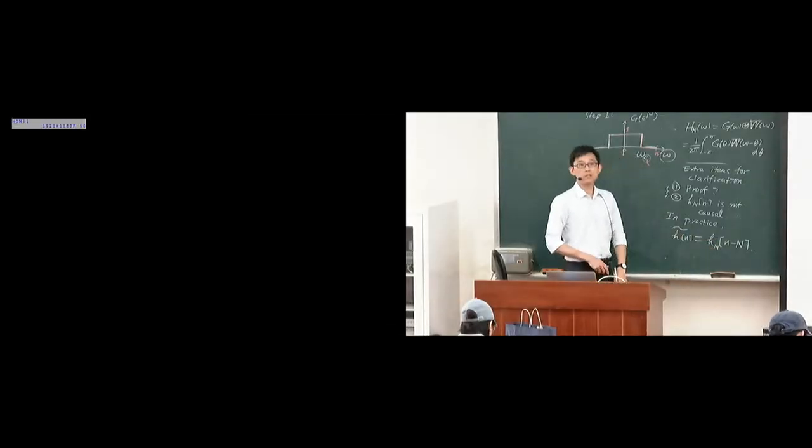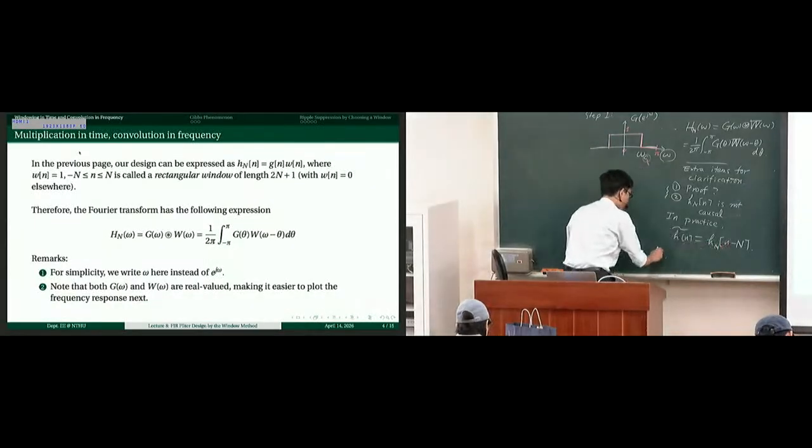So I want to point this out first. h[n] is mathematically non-causal, but it's okay. In practice, we will always shift it to the right and make everything perfectly causal. Does that make sense?